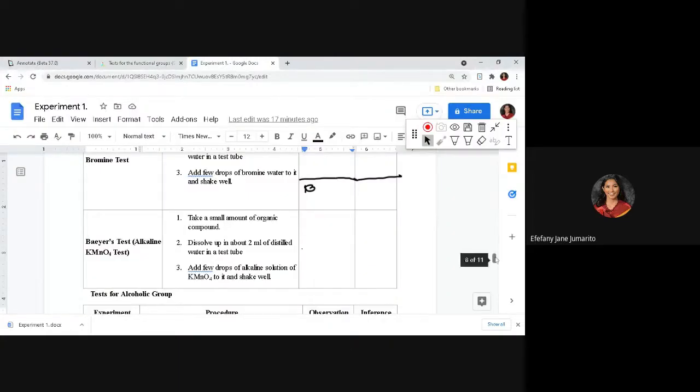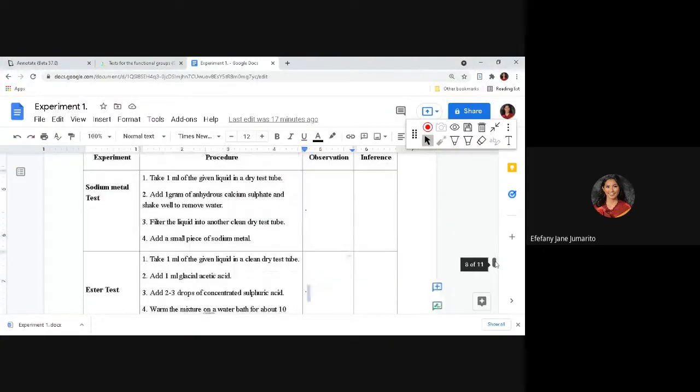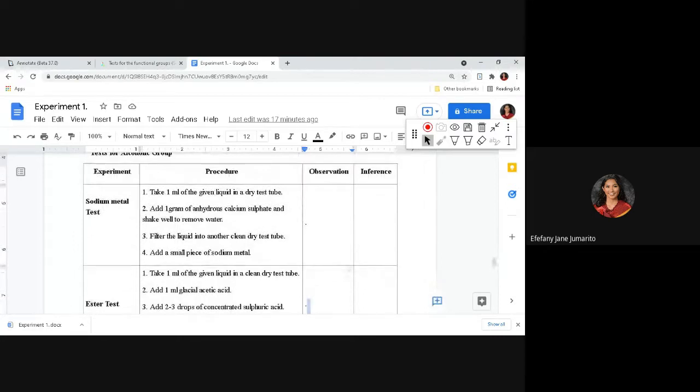Test for alcoholic group. Step 1: place 1 ml of the given liquid in a dry test tube. So here in your laboratory, you are given a liquid.